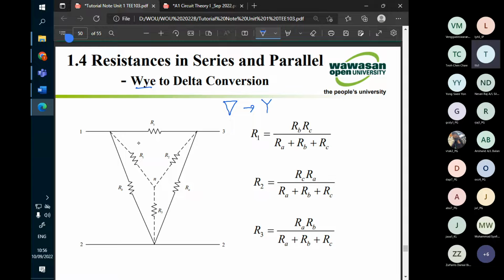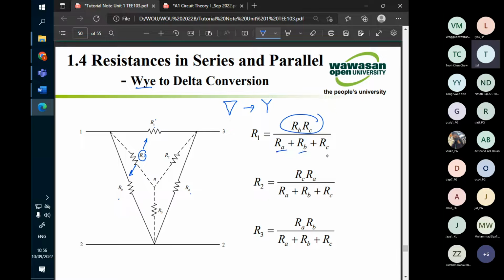For example, the original circuit with RA, RB, RC at the outer layer here. So on the inner one, we have R1. So R1 is given by, you look left and right, adjacent to R1, you get RB, RC. So you put them on the numerator. And then at the denominator, you just sum all of them together: RA, RB, RC.